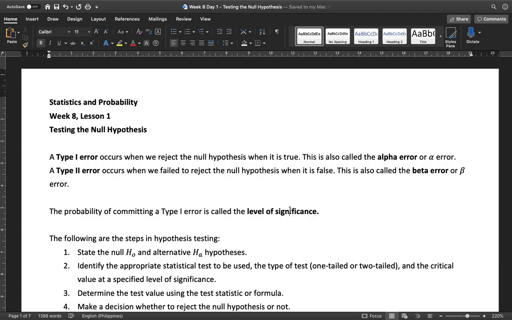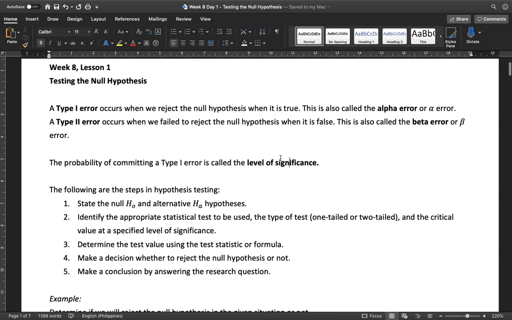Pag 0.05 level of significance, ibig sabihin nun, 5% ng chance na ma-reject natin yung true na null hypothesis. Kapag 0.01 naman yung level of significance natin, 1% ang chance na ma-reject ang true null hypothesis. Okay? In most instances, sa mga researchers, ang madalas na ginagamit na level of significance is 0.05.